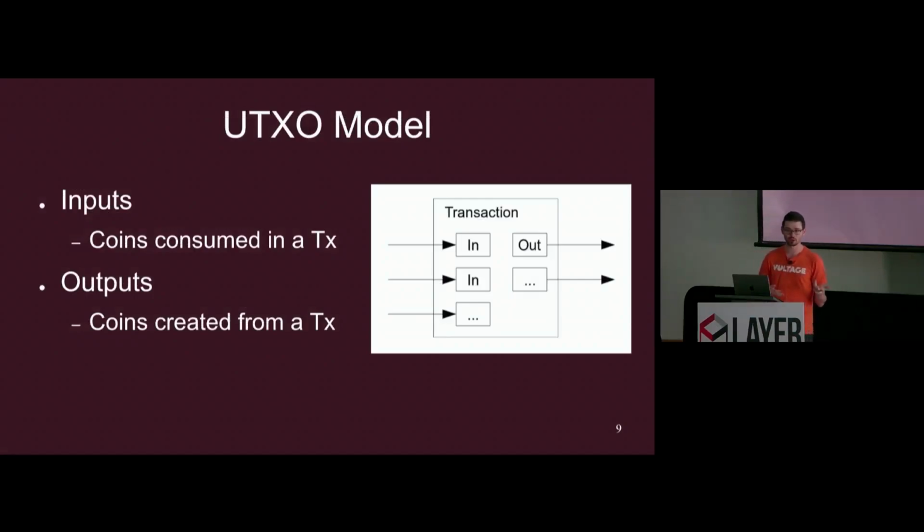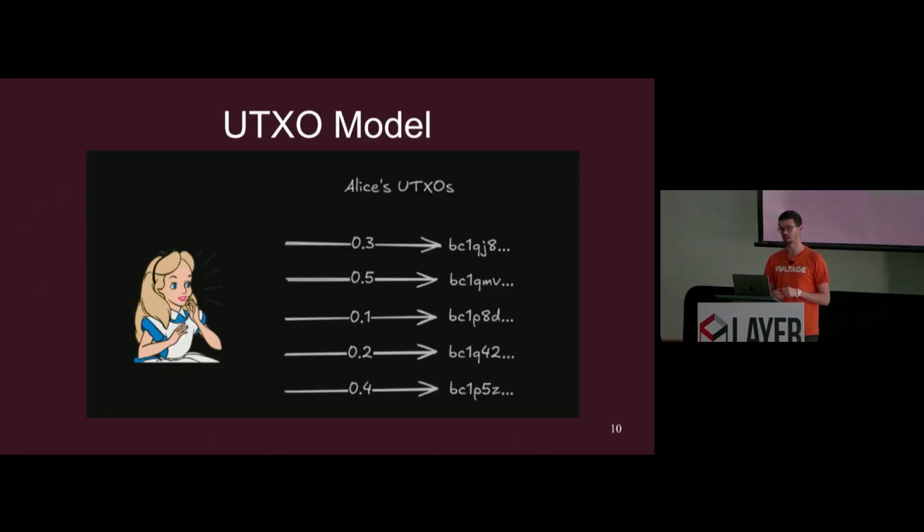So before we can go further and dive into how Coinjoin works and how Payjoin works, we have to understand how, at a high level, transactions work. So very simply, there are inputs and outputs to every transaction. Coins that are consumed in a transaction are referred to as inputs. Coins that are spent from a transaction are referred to as outputs. So that's the very basic way to think about it.